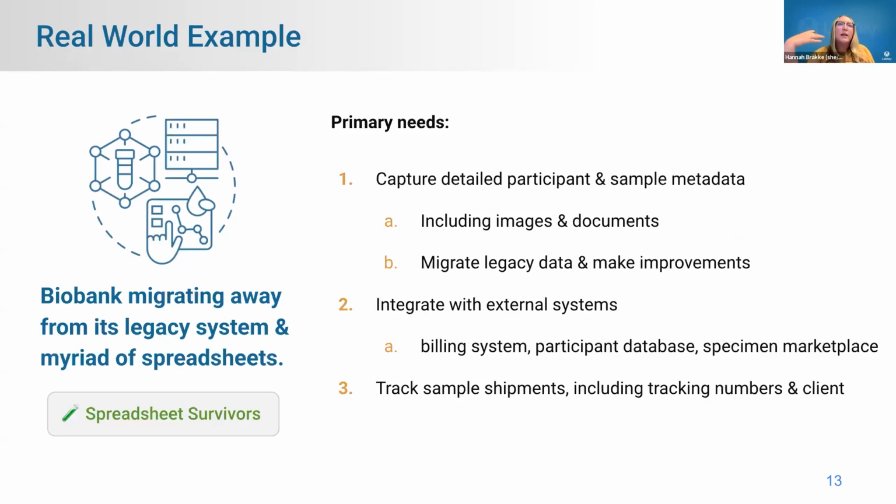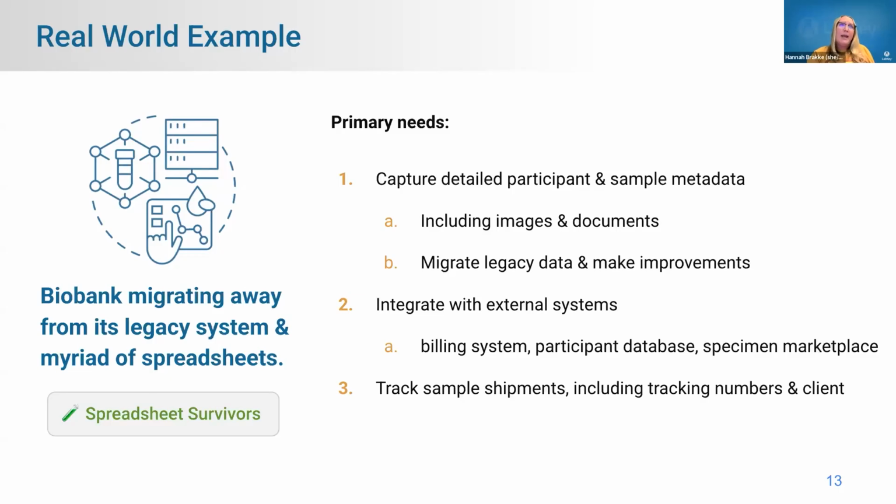And so one of the things that we've identified here is kind of those primary needs. So what they needed to do was have detailed information about their participants and the sample metadata that was coming in. They also wanted to include images and documents directly on that participant and sample metadata. That was a really primary use case for them, as well as the ability to easily migrate that legacy data and, of course, make improvements on the process.